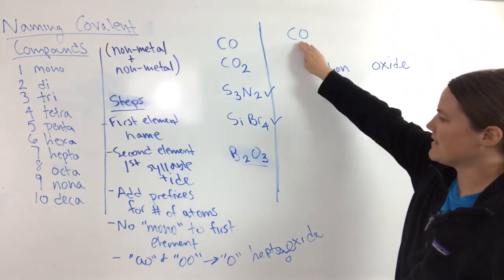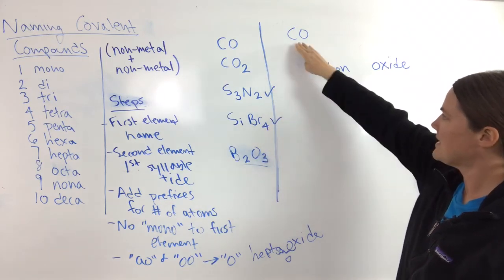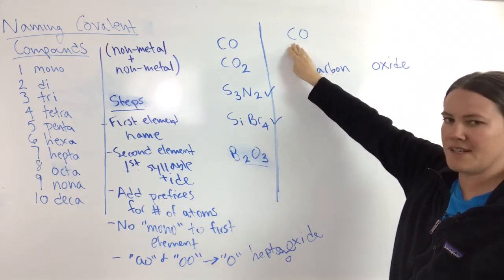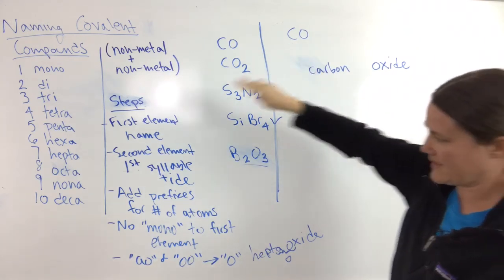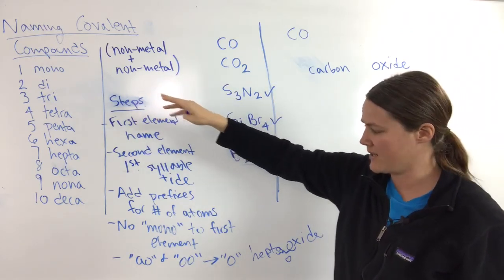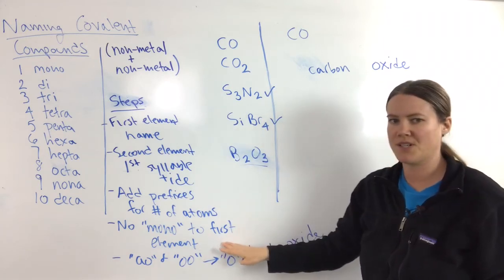So now what we need to do is add our prefixes for the number of atoms. For the first atom in this molecule, we have a carbon. We have one carbon, so that one is mono. But then we have this rule that we don't put mono on the first element.